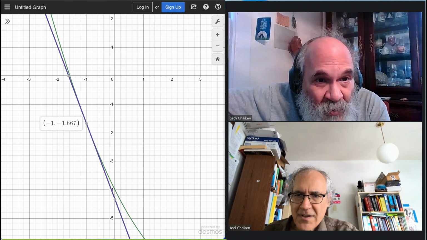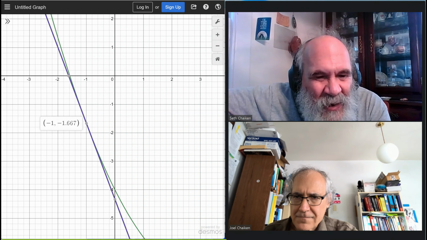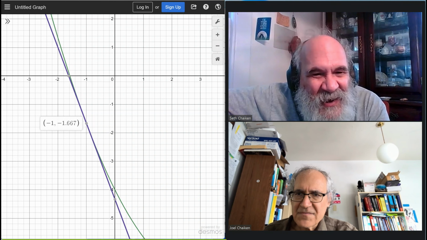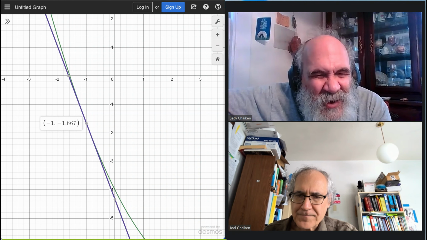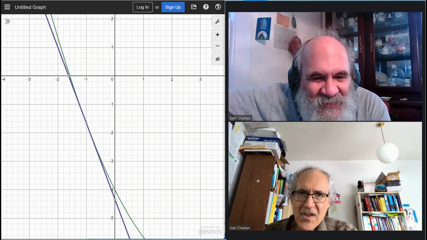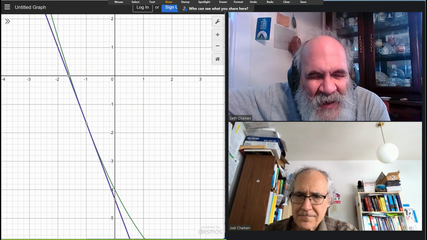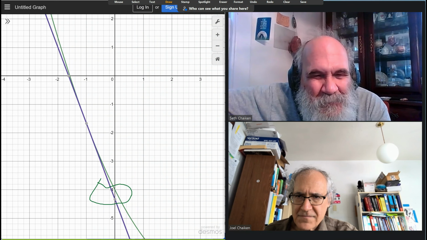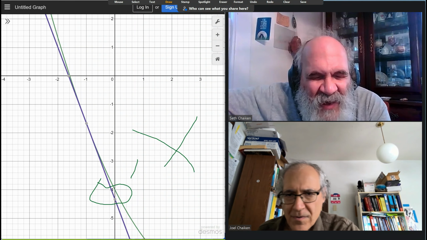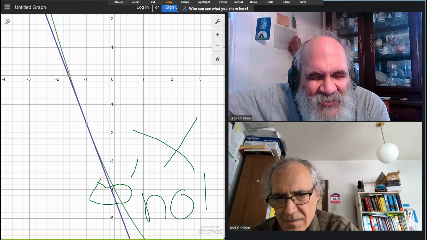So that thing you're pointing to now is where they actually intersect. And notice the other 2 gray dots are not on the green curve. They are just the axis intercepts of the straight line.